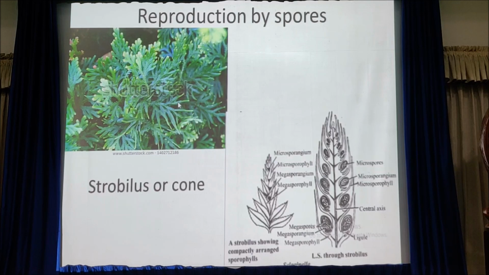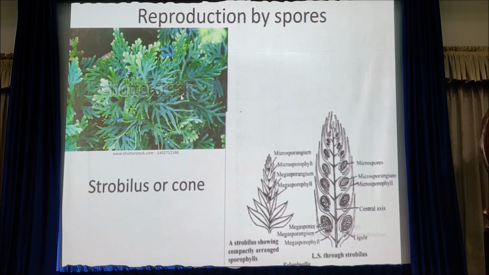The sporangia are formed in the axils of sporophylls. The sporophyll bearing megasporangium is known as megasporophyll, and those bearing microsporangium are known as microsporophyll. The sporophylls are arranged spirally around a central axis.